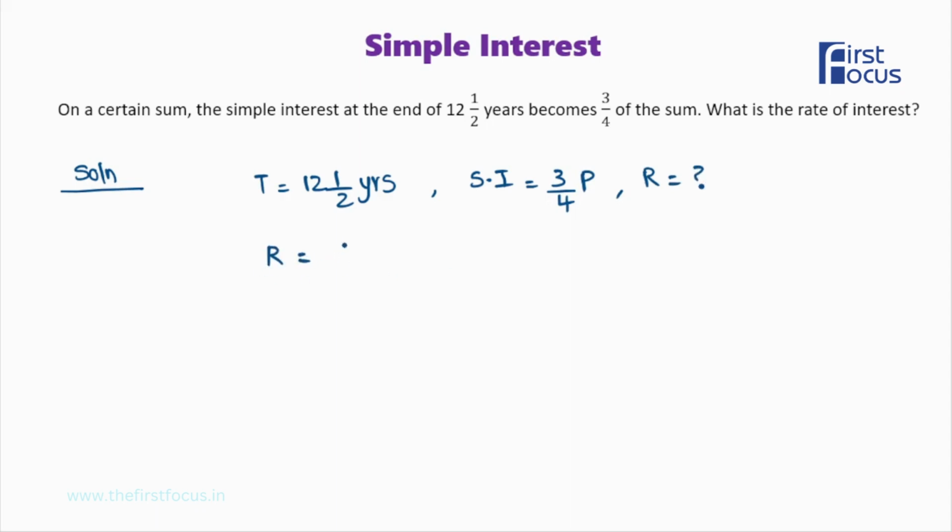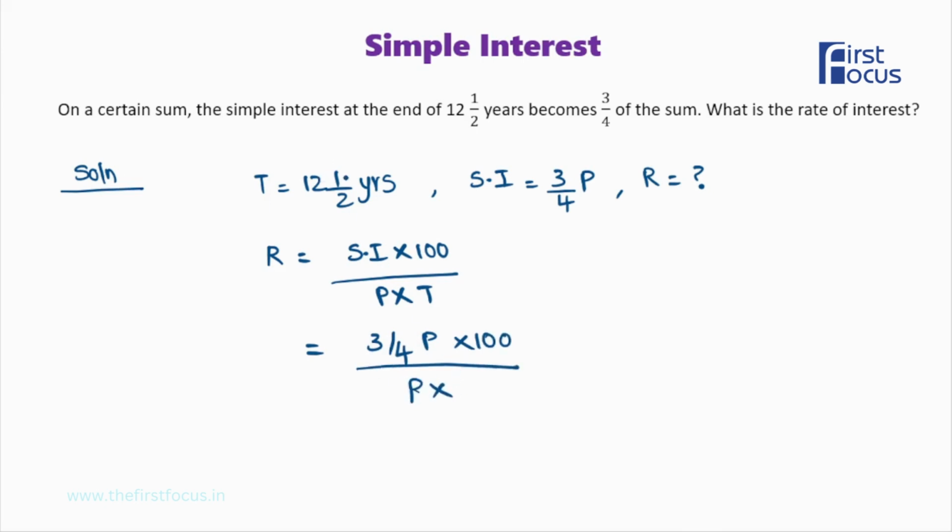So the formula for rate percent is simple interest into 100 divided by principal into time period. So the simple interest is 3 by 4th of the sum into 100 divided by principal into time taken 12 1 by 2, which we can write as 25 by 2, which is equal to 3 into P into 100 into 2 divided by 4 into P into 25.